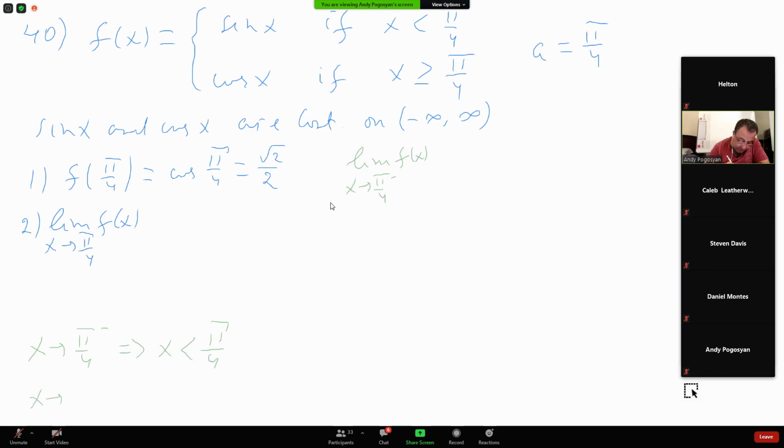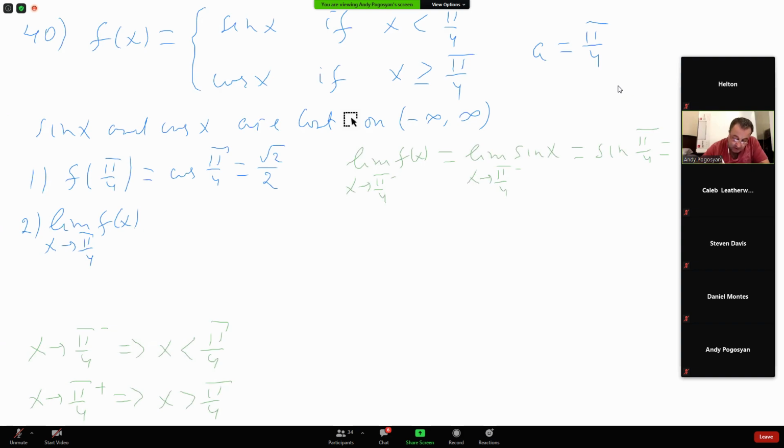X approaches pi over 4 from the right implies x is greater than pi over 4. Okay, so if it approaches pi over 4 from the left, it equals the limit of sine x as x approaches pi over 4 from the left. Pi over 4 is in the domain of sine x, so we put sine pi over 4, which is square root 2 over 2.